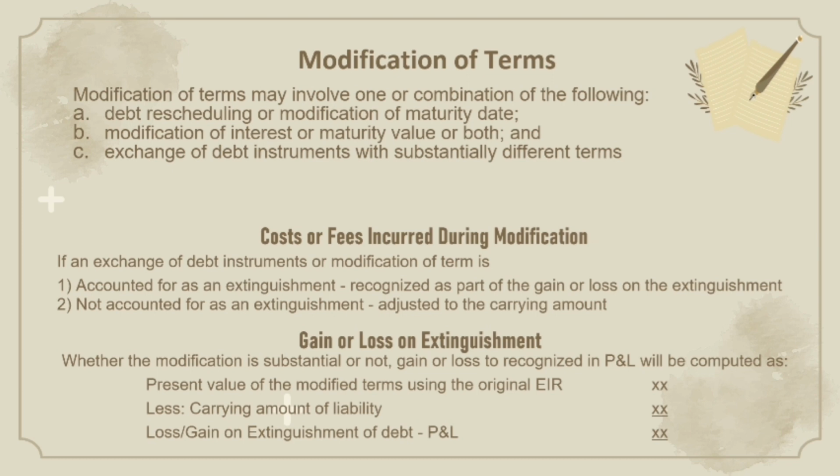The gain or loss on extinguishment, whether the modification is substantial or not, is recognized in profit and loss, and it is computed as the present value of the modified terms using the original effective interest rate less the carrying amount of the liability, which equates to the loss or gain on extinguishment of debt.